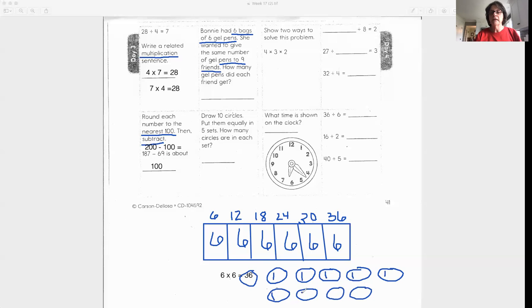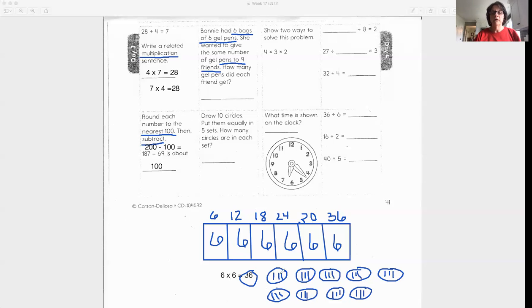6, 7, 8, 9, 10, 11, 12, 13, 14, 15, 16, 17, 18, 19, 20, I'm going to run out of room, 21, 22, 23, 24, 25, 26, 27.